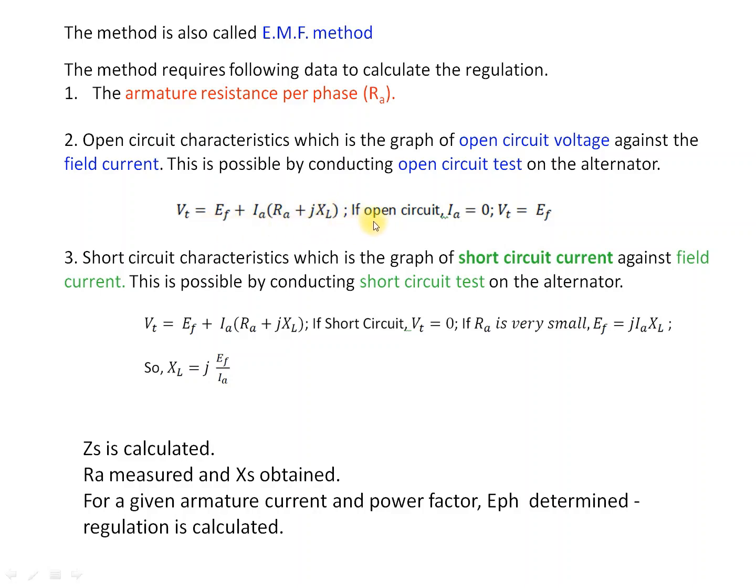In this equation, in the open circuit mode of an alternator, Ia will be equal to 0, because the output terminals of the alternator are open, so the armature current will be 0. At that instant, if you put Ia equal to 0, then VT is equal to EF. In this way, we find the open circuit voltage of the alternator.